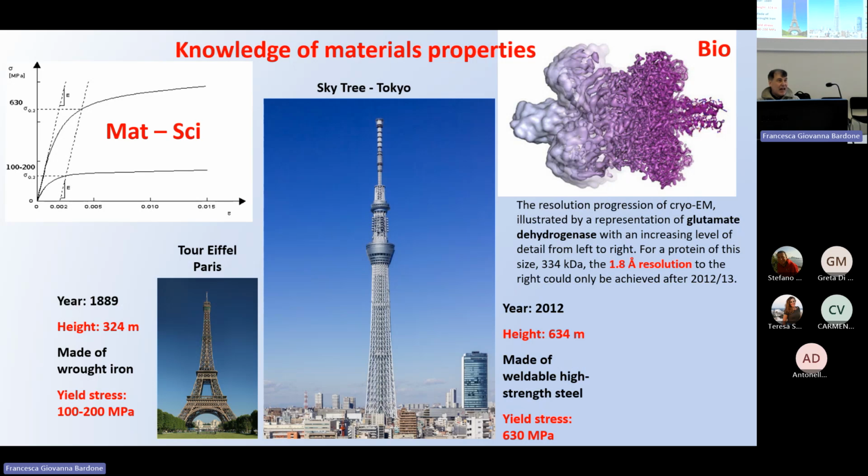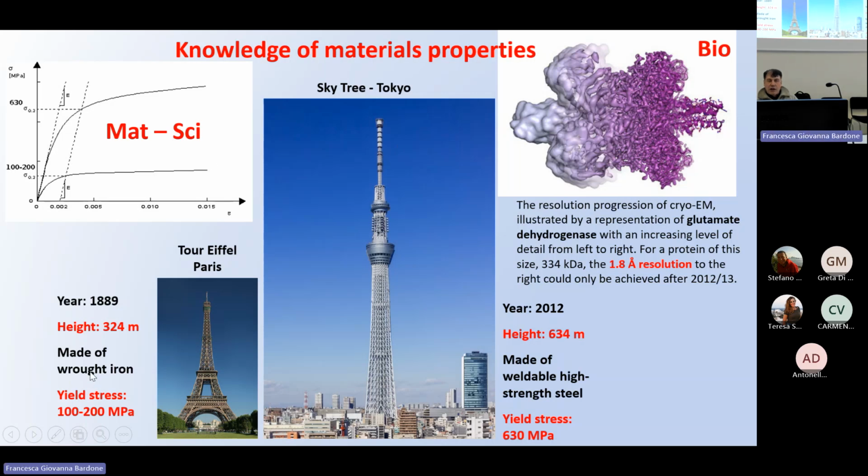And when I say atoms, I think of this part of your molecule. We can detect where the atoms are down to 1.8 angstrom resolution. And from the engineering point of view, if we understand how the atoms are in the crystal, we can create objects or towers as tall as this. Just an example I show you.